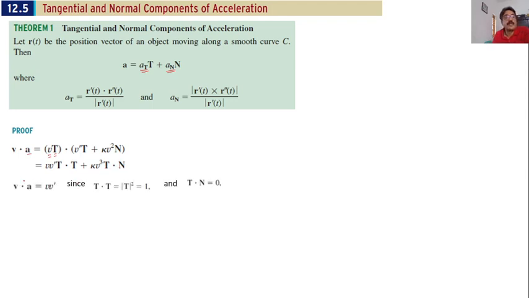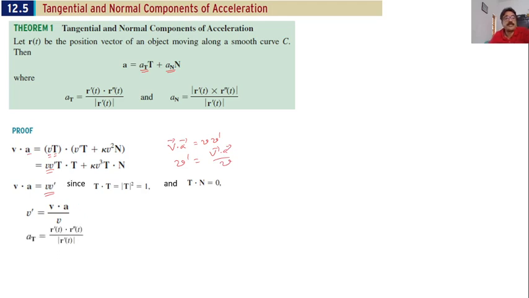So finally v · a is reduced to v v' only, and therefore v' is equal to v · a divided by v. So that is what we got.